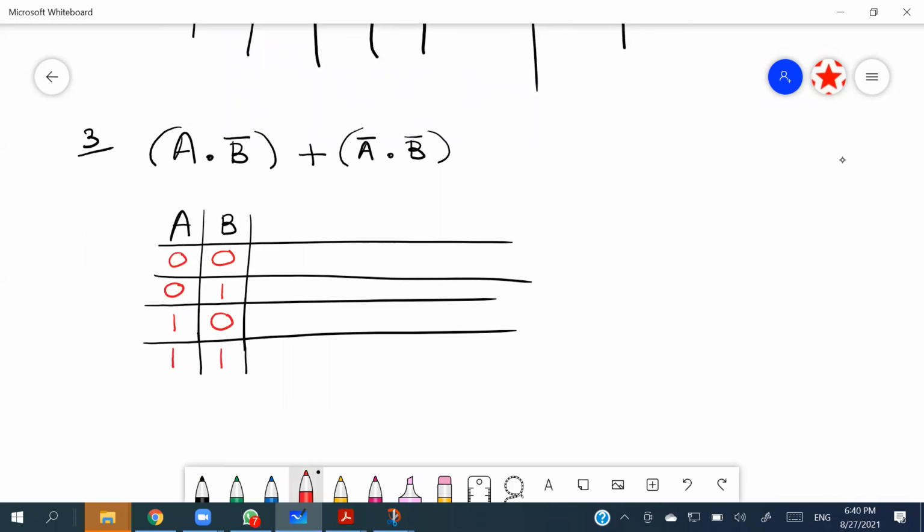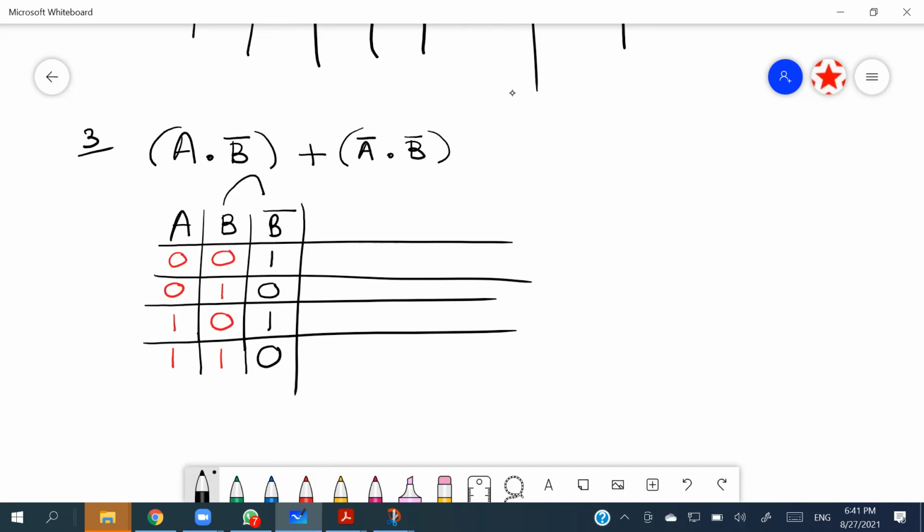So to create A dot B bar, we have to create the B bar column first, right? We can create the B bar column just by looking at the B column. So 0 becomes 1, 1 becomes 0, and 0 becomes 1, and 1 becomes 0.